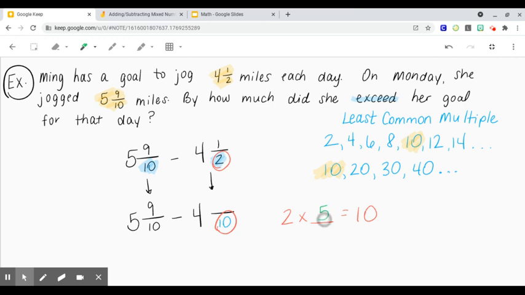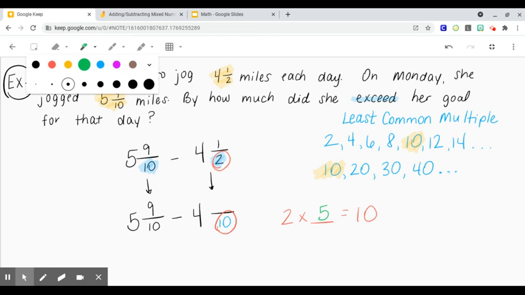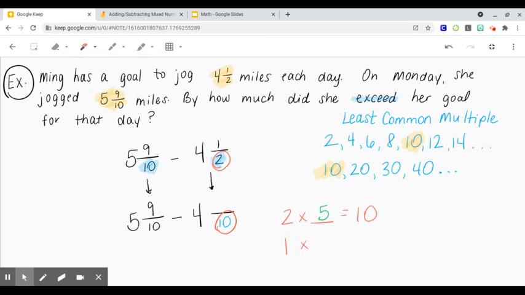I multiplied by 5, right? And there is a very important rule when we deal with fractions and common denominators. Whatever you do to the denominator, you have to do to the numerator. The numerator is 1, remember, from that 1/2.